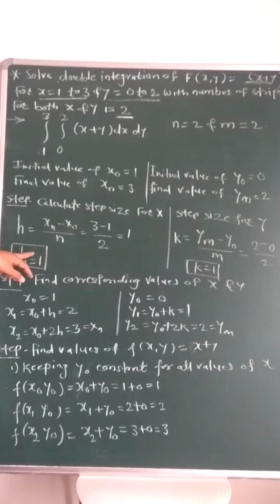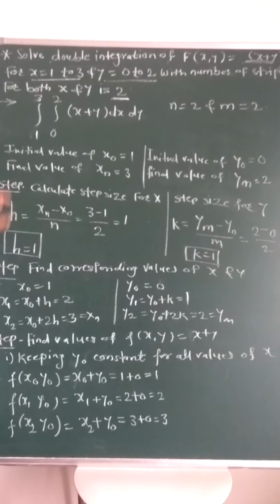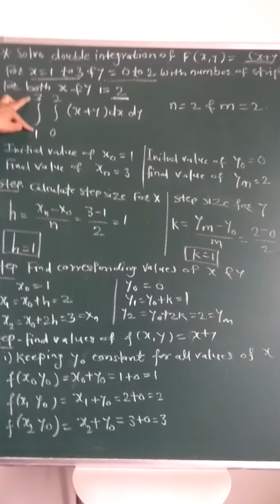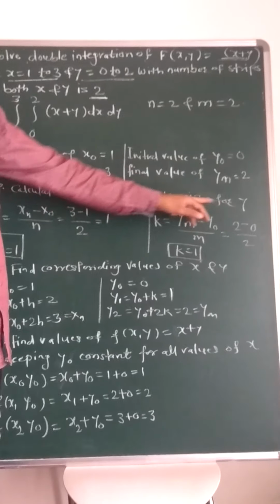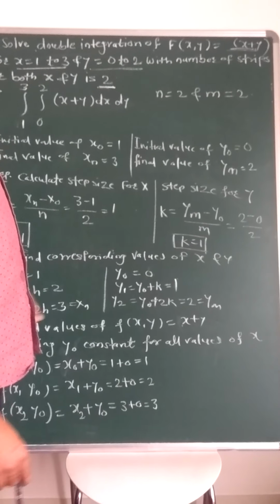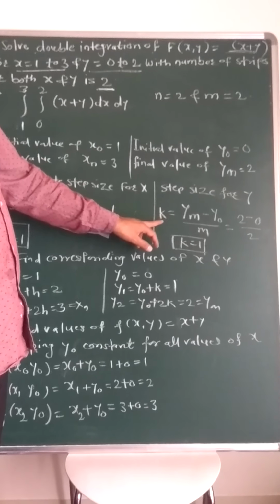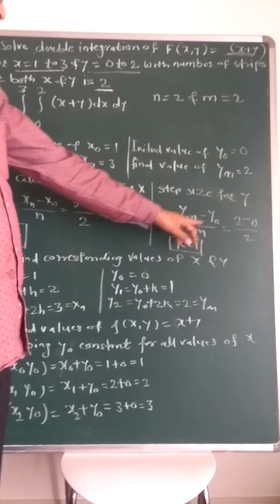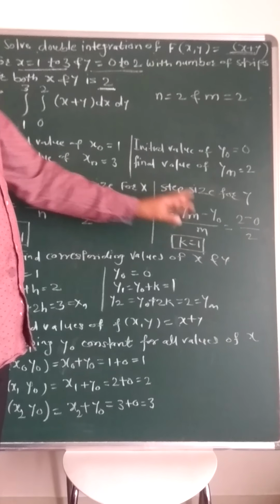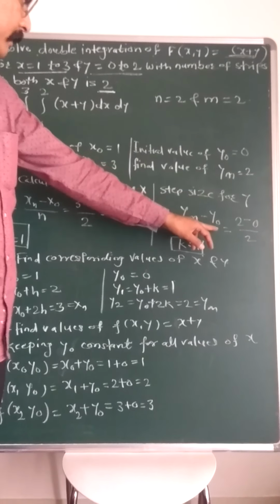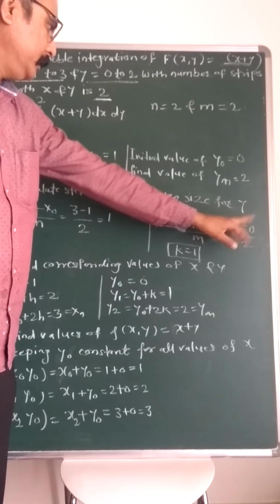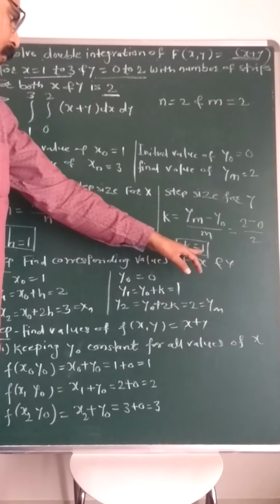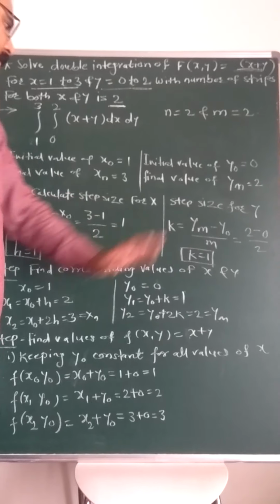Therefore, h is equal to 1. This is the step size for the interval x0 to xn. Similarly, the step size for y is k. K is equal to ym minus y0 divided by m, which is 2 minus 0 divided by 2, which is equal to 1. That is, k is equal to 1.